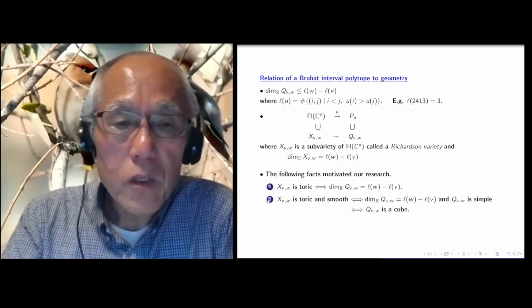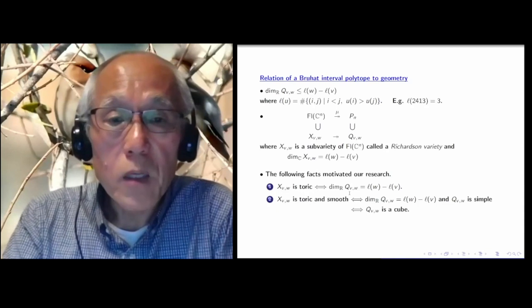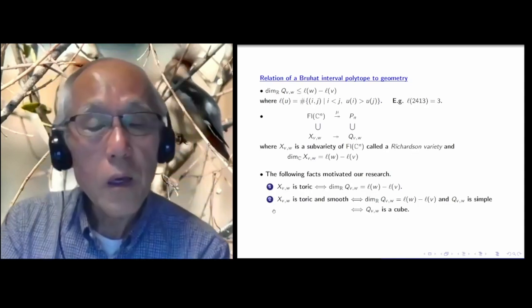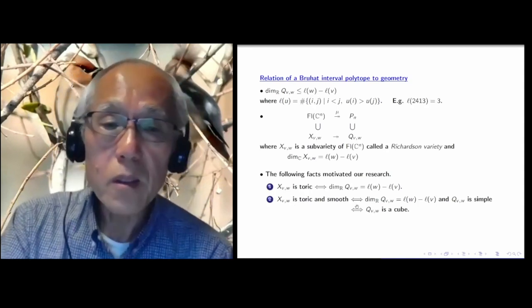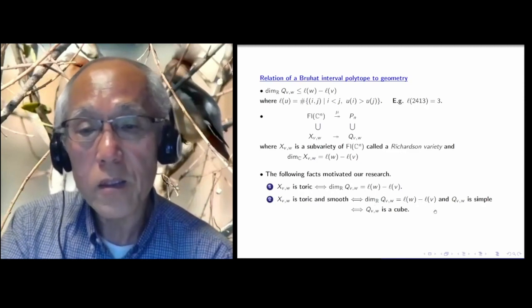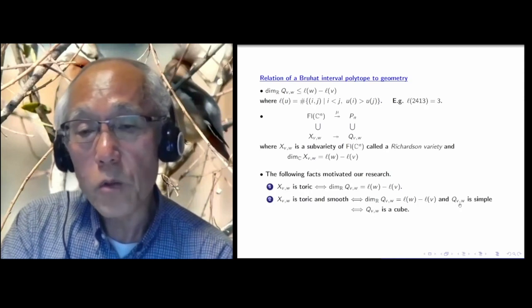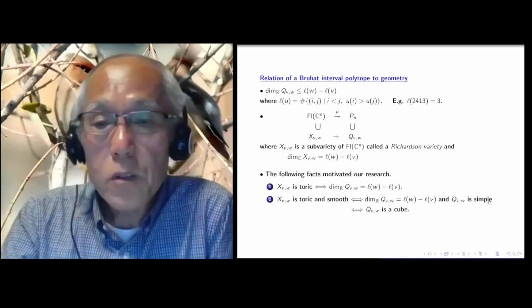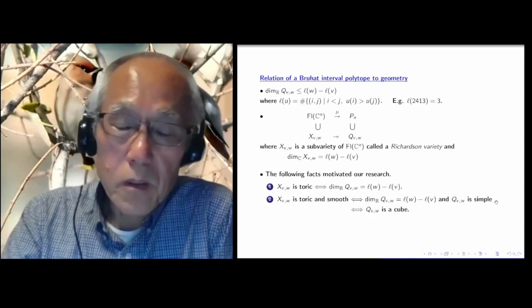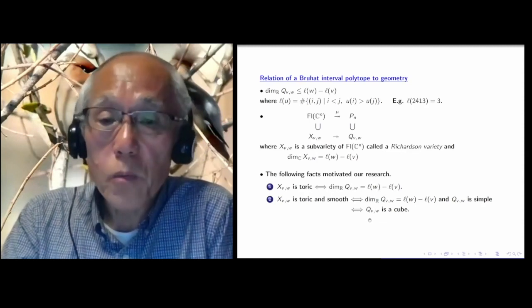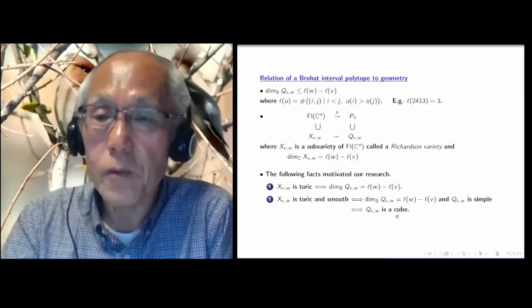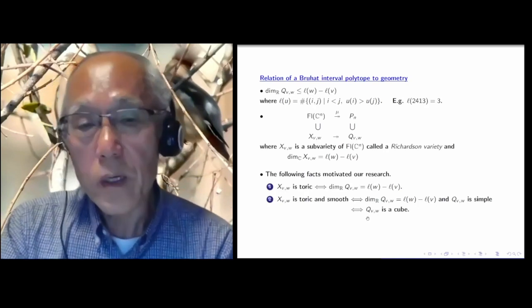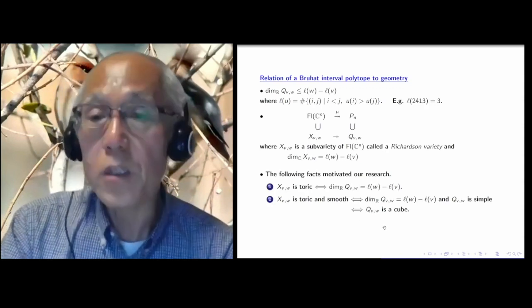X_{V,W} is toric if and only if the dimension of Q_{V,W} is l(W) minus l(V), in other words, the equality holds here. And X_{V,W} is toric and smooth if and only if this dimension condition is satisfied and the Bruhat interval polytope is simple. Smoothness implies simpleness, and this condition is equivalent to saying that the Bruhat interval polytope is a cube, combinatorially equivalent to a cube. You need some argument here, but this is the reason why we got interested in the Bruhat interval polytopes which are cubes.